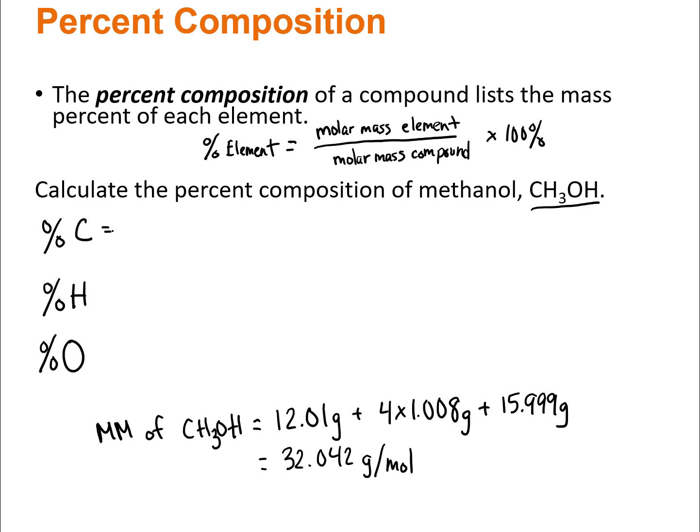For carbon, and I should mention that you multiply by the number of moles or the subscript that you see. There's only one carbon, so we're going to put 12.01 grams here over the molar mass of the whole compound, and multiply by 100%.